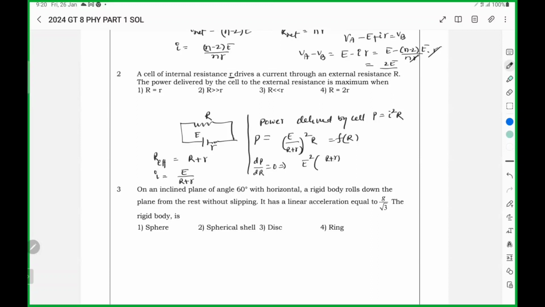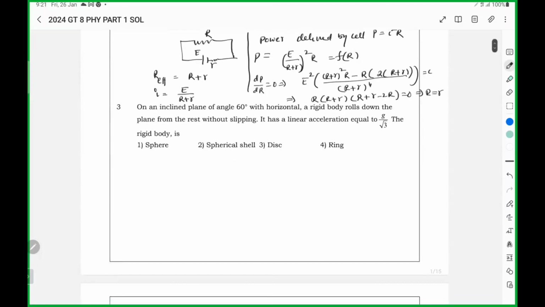So (R plus r) whole square into R minus R into derivative of this, 2 times (R plus r), by (R plus r) whole power 4 is 0. Once you simplify it, taking R plus r common, R plus r minus 2R will be 0. That is, capital R is equal to small r. So when external resistance is the same as internal resistance, power delivered by the battery will be maximum.